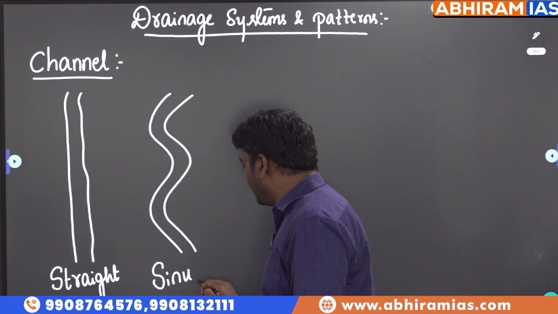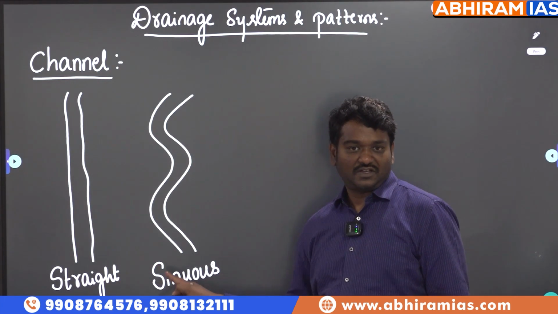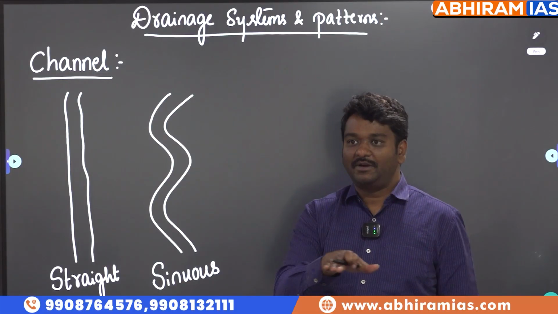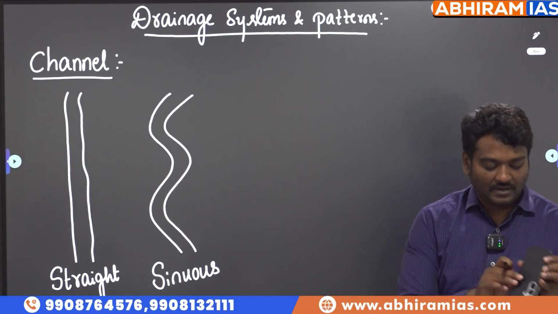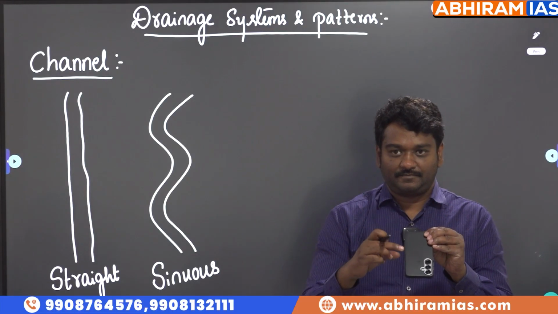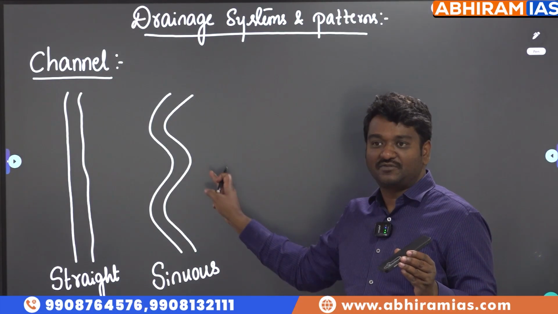This is called sinuous course. Straight course, sinuous course. If the gentle slope is there, it will go in sinuous form.